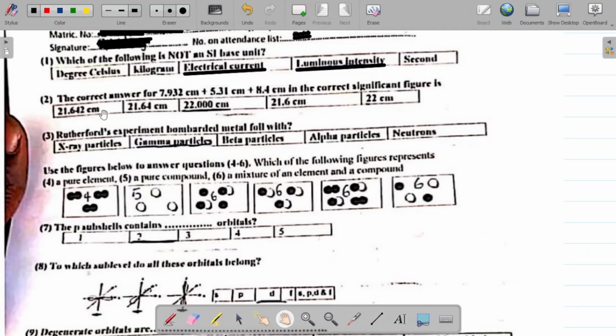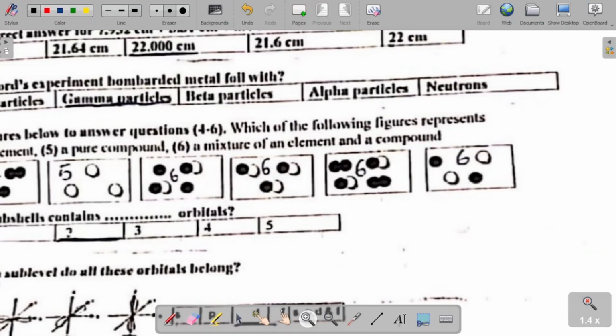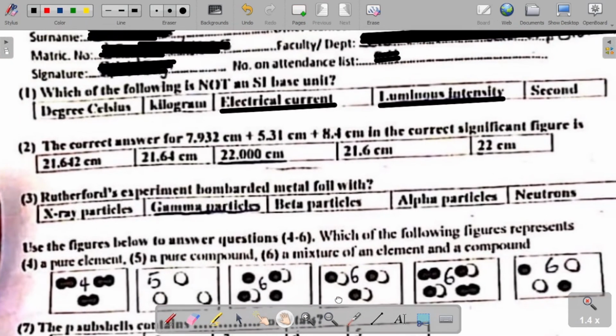Number 2 says the correct answer for 7.932 cm plus 5.31 cm plus 8.4 cm in the correct significant figure is. I'll try to zoom this a bit.